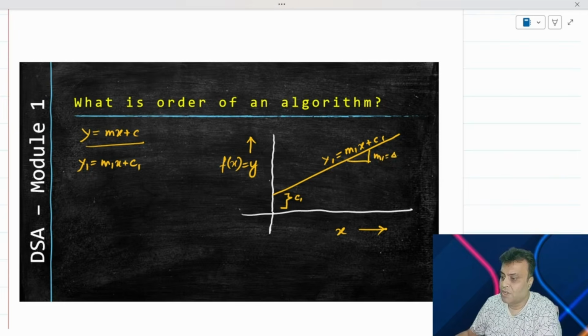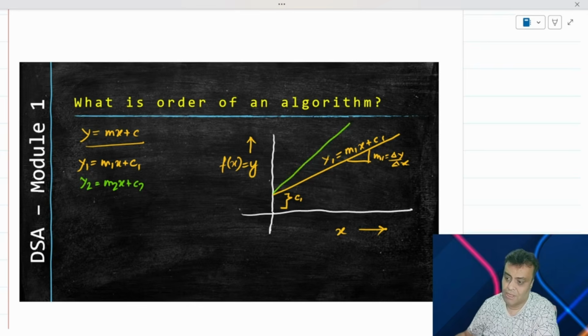So m1 is your delta y by delta x. All this you would have learned during your class 10 days, and I hope you remember it. I'm just trying to jog your memories. If we have another curve which is y equal to m2x plus c2, then that curve, provided m2 is more than m1, will look like this.